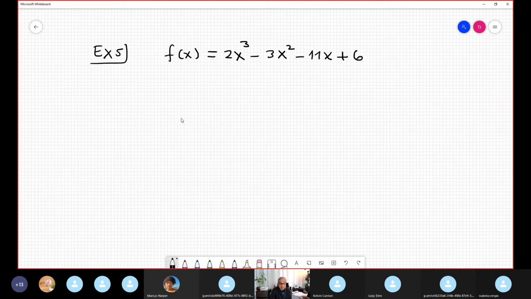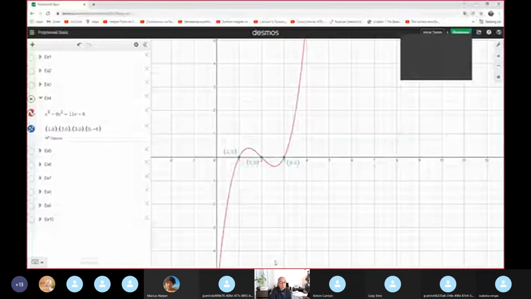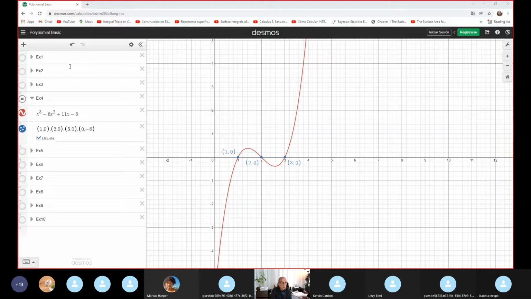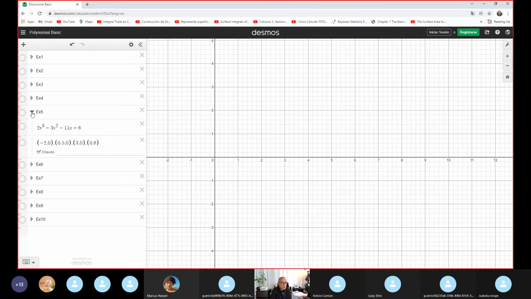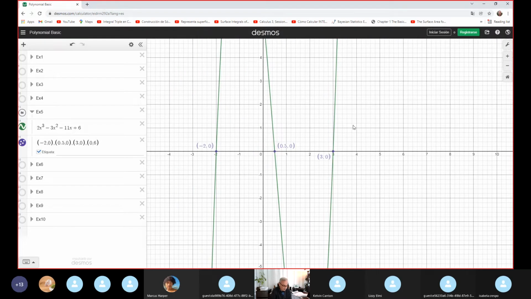Let's do it. We come back now to decimals. I suppose you see this one right now, right? Look, this is my polynomial: 2x cubed minus 3x squared minus 11x plus 6. I did that. Boom. Look at that.